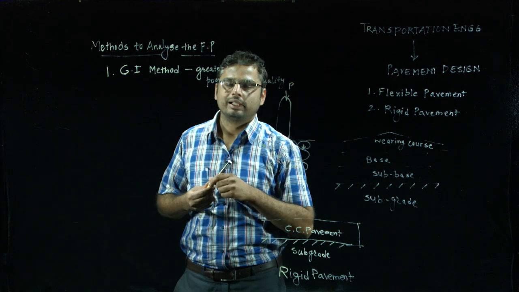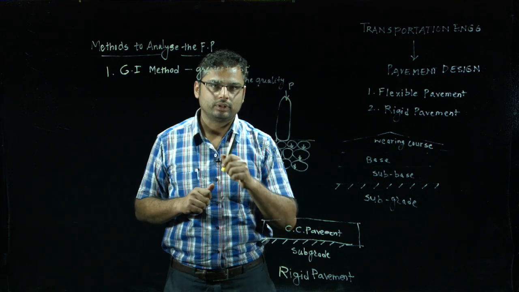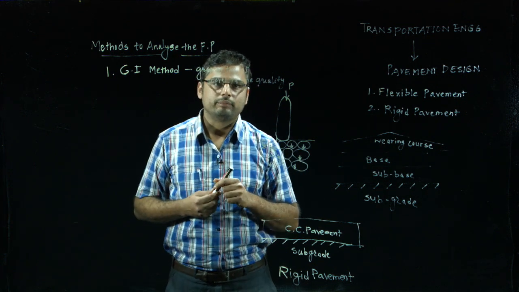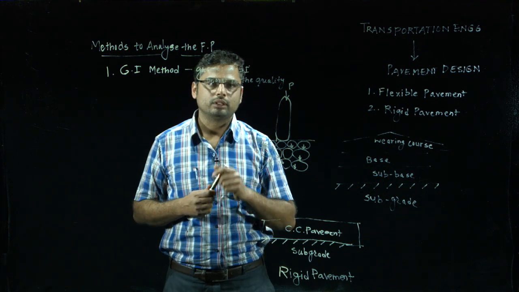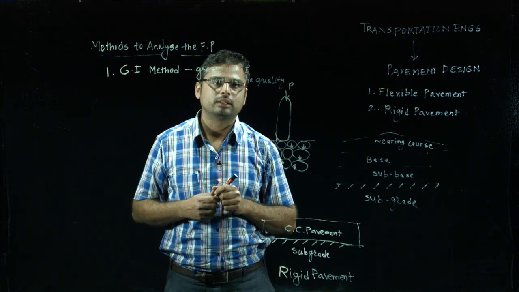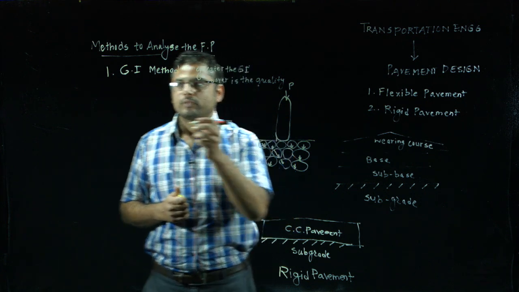With the help of the GI method formula, we will calculate one number, and based on that number, if our number is greater, then we will classify the soil or the subgrade as poor quality.